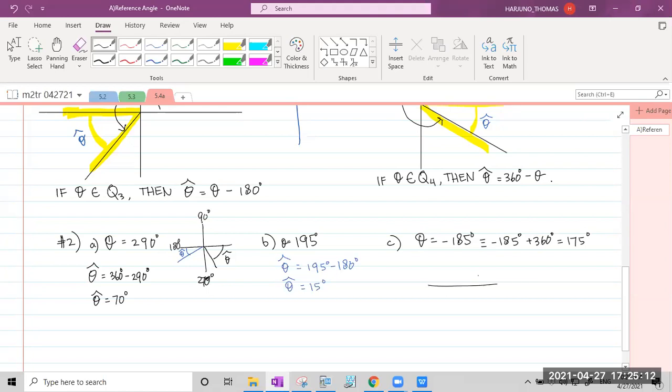Then from there you see it is in quadrant 2, right? Then the reference angle will be this guy here. So theta hat will be 180 degrees minus 175 degrees. That's 5 degrees.